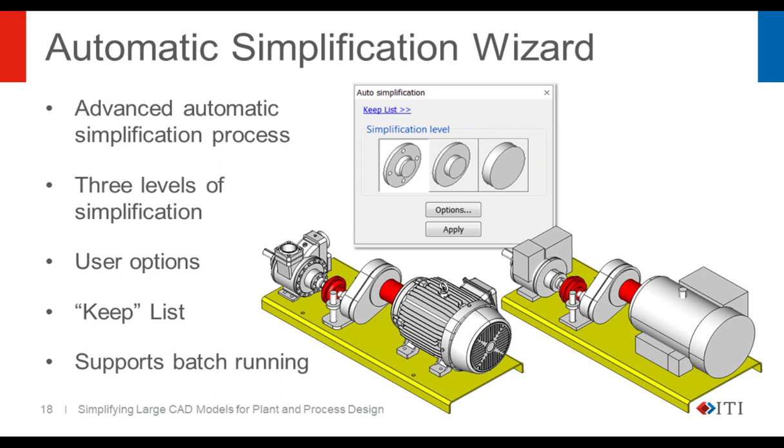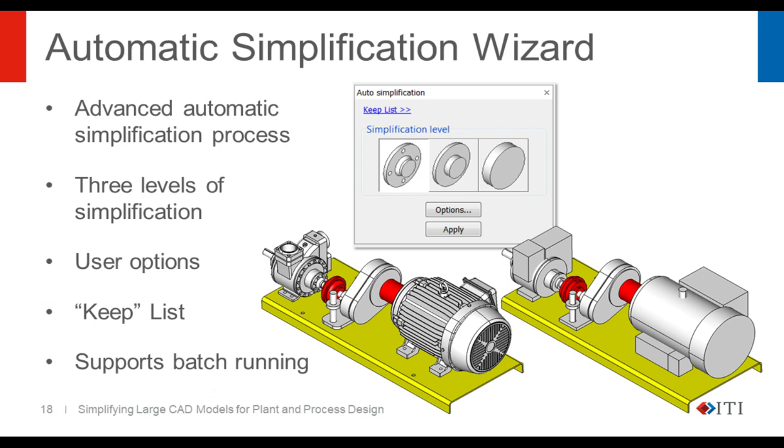And those user options can be saved and configured for later use. It also has something called a keep list. Very often, engineers want to simplify the model but not touch this important feature. Do not touch this solid. It's essential. It has to stay exactly as is. So we can select things and add them into a keep list so that they're not simplified.